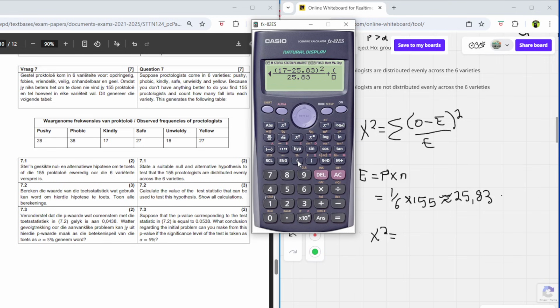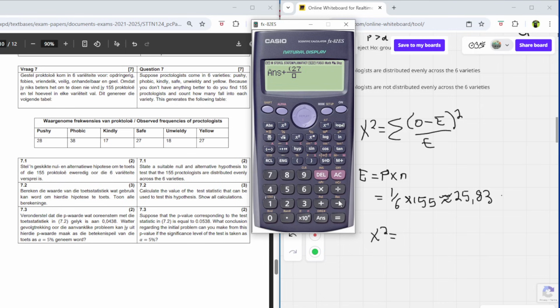We're running out of space, as you can see, so I'm just going to do this quickly. 17, then we have 27 minus 25.83 squared. If you run out of space, the last one that we did was 17. Now you just press equal and continue with the other ones.